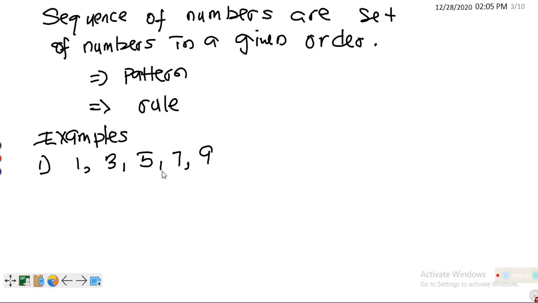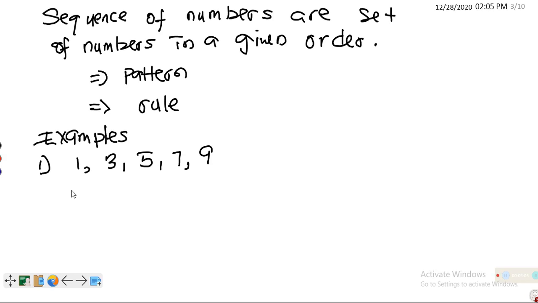In this sequence you can see that the second term differs from the first term by 2, the third term differs from the second term by 2, and so on and so forth. So this sequence has a rule which is continuous addition of 2.